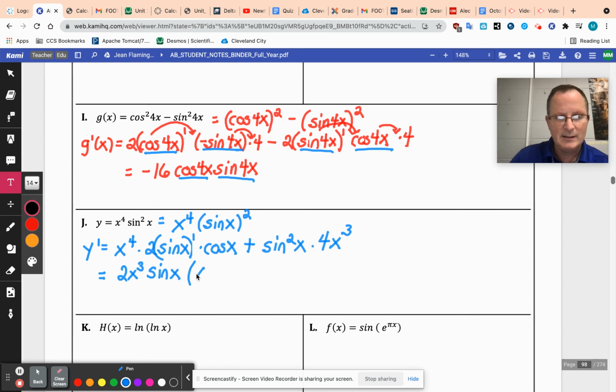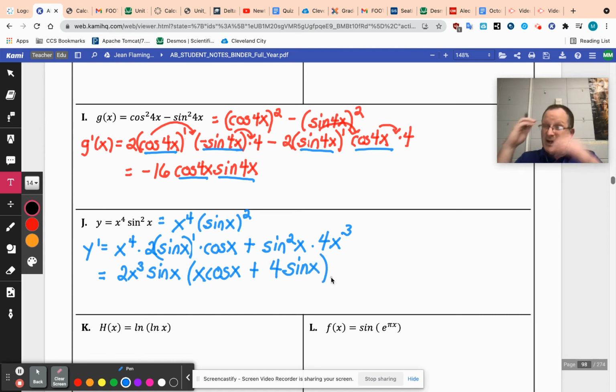In this case, I have an x and a cosine x. On the second term, we're left with the sine that I didn't deal with and a 4. So 4, because I took out 2, they only had 2 in common, and an additional sine.